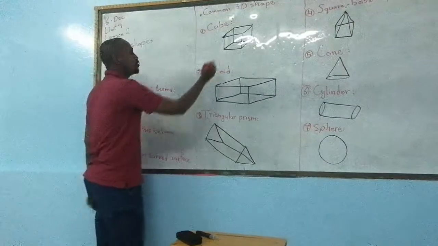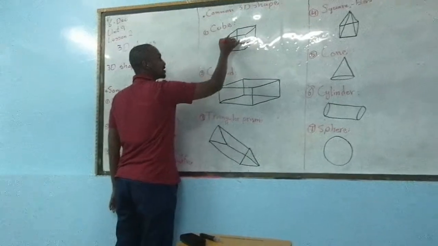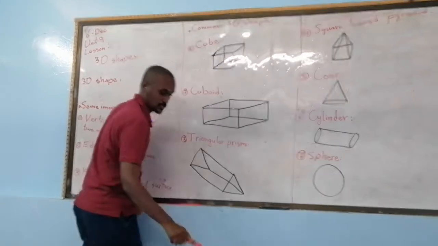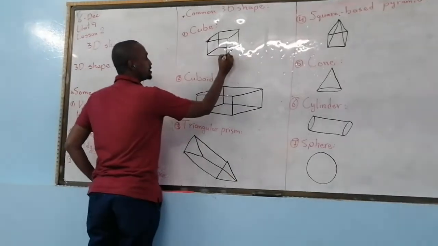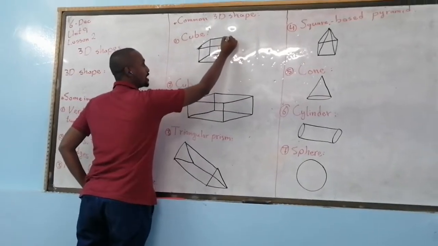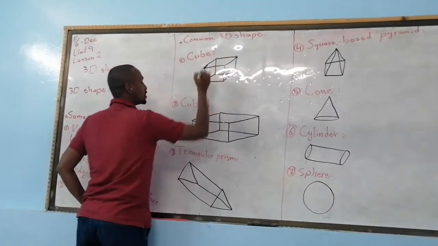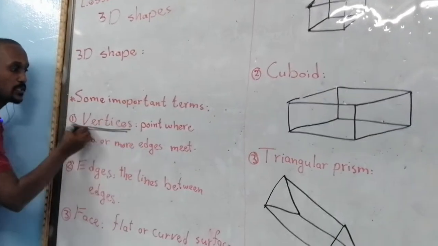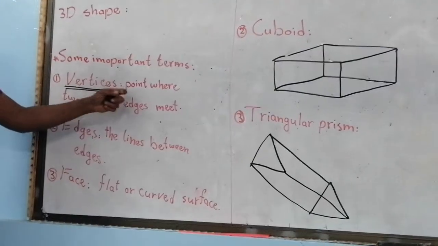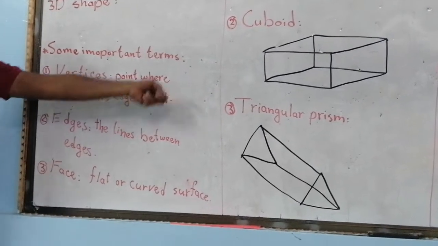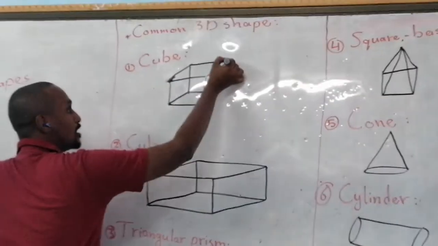In the cube we have lines, and we have points. Look, where the lines meet, it's called what? So let's start with the first one. Vertices. Vertices are points where two or more edges meet. For example, these are the lines.